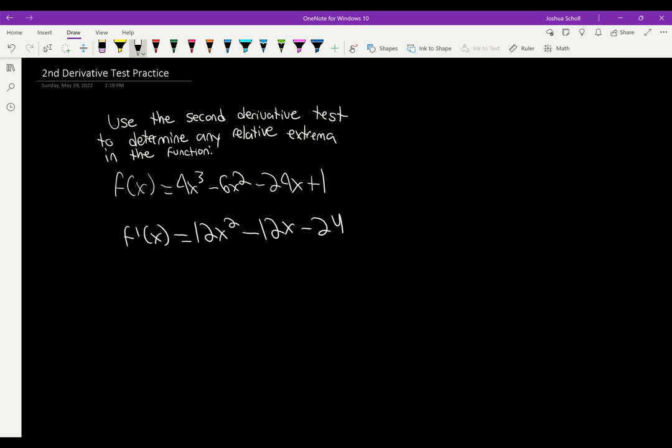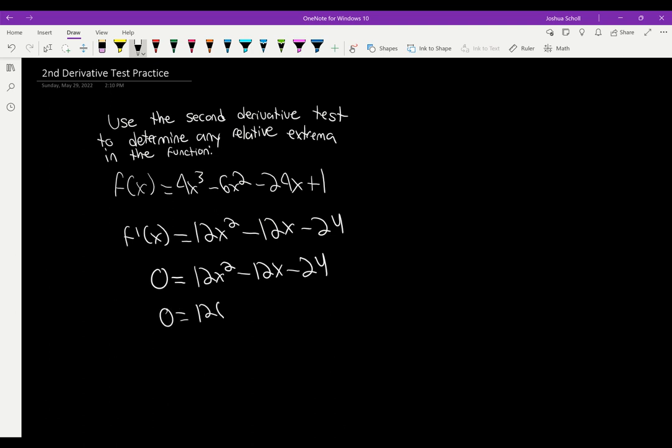Okay, now we can set the first derivative equation equal to 0, because we know that the first derivative has to be equal to 0 for the second derivative test to be applicable. So 0 equals 12x squared minus 12x minus 24. All right, so now we can simplify this equation by taking out a 12.